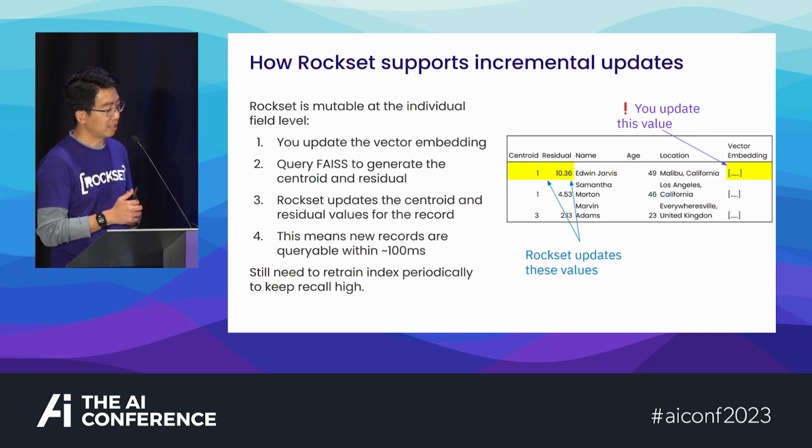And then the one last thing to note is also, as we store the centroids and the residuals, Rockset is a mutable database, and so it's very useful when you have real-time data that has real-time updates.